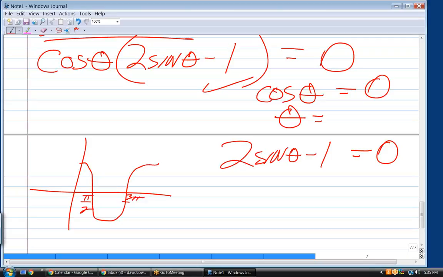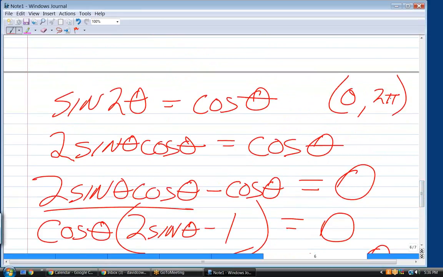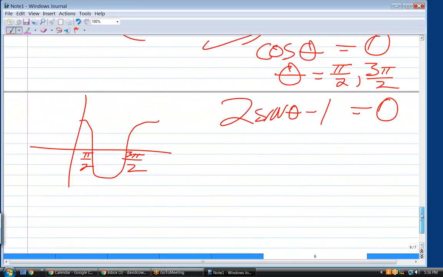That's pi over 2 and 3 pi over 2. And the only reason I'm switching to radians is because when they give you the domain in radians, they most likely want the answer in radians, not degrees. Notice that the domain they gave us was 0 to 2 pi, not 0 to 360 degrees. So we're going to give them the answer in radians.